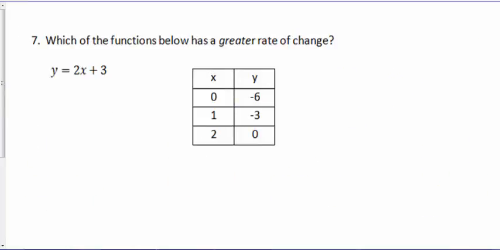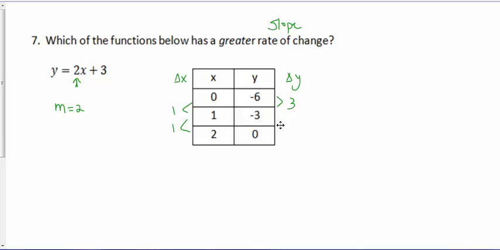Which of these functions has a greater rate of change? Well, greater rate of change is nothing more than slope. And we know that the slope for this one is 2. Let's find out what the slope is for the table. That is change of 1 apiece, and then, of course, negative 6 to negative 3 is 3.